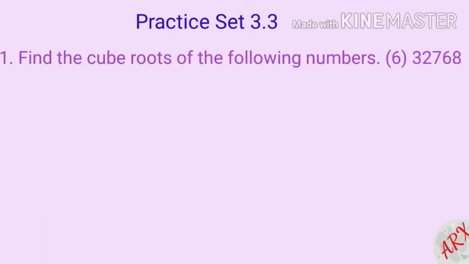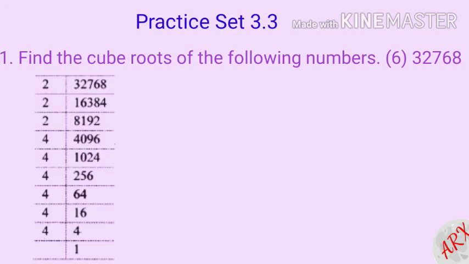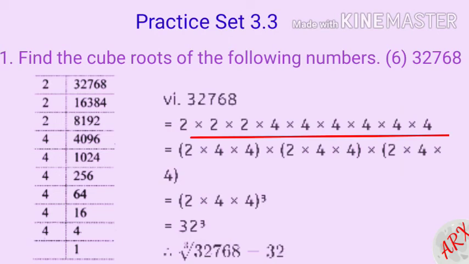Question number 6. 32,768. If we put the factors of 32,768 as you can see on the screen, we will get 2 into 2 into 2 into 4 into 4 into 4 into 4 into 4 into 4.